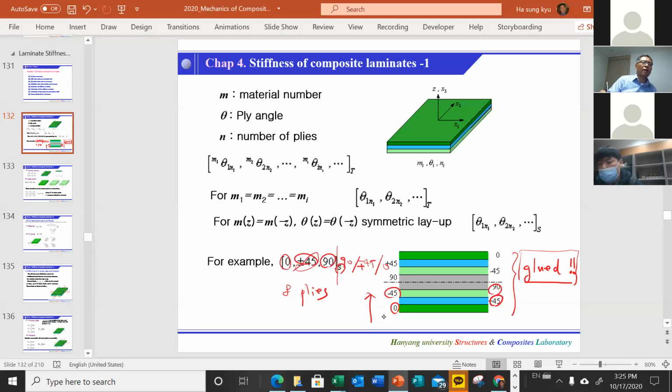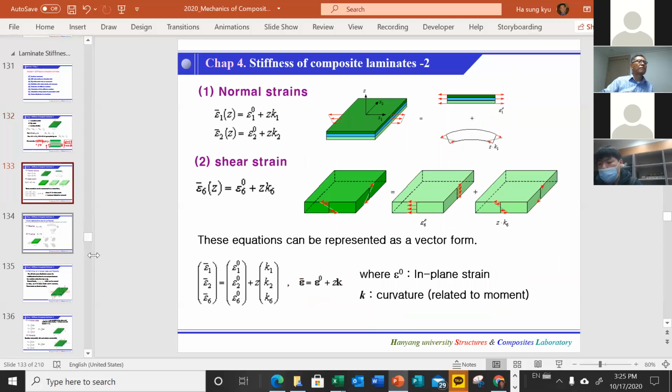They behave as a glued laminate. Each ply has its own ply angle. Now, since they are all glued, consider this laminate as one plate, and there is a strain and curvature as given.